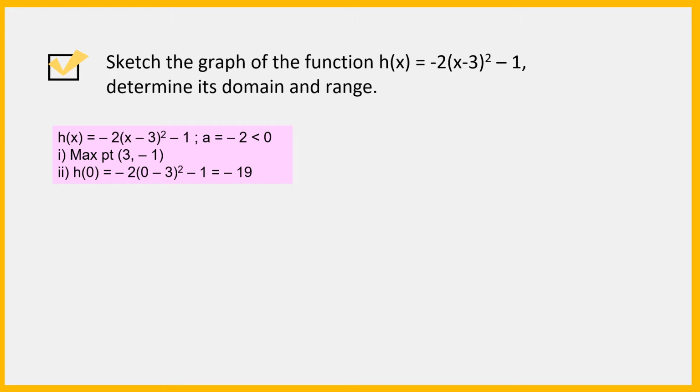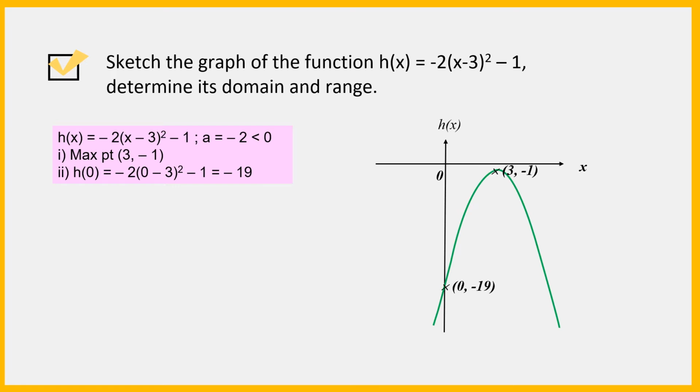Okay, now we can sketch our function. Here we have the x-axis and the y-axis labeled as h of x, and the maximum quadratic curve that passes through (0, -19) and (3, -1).